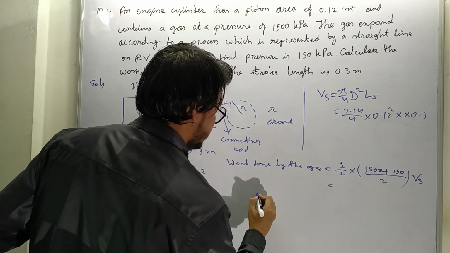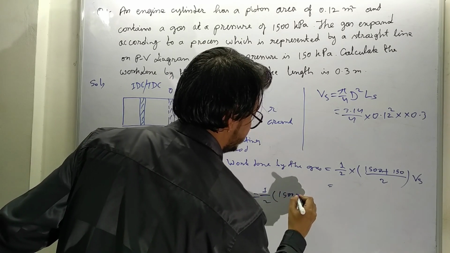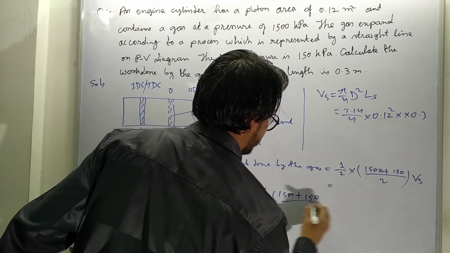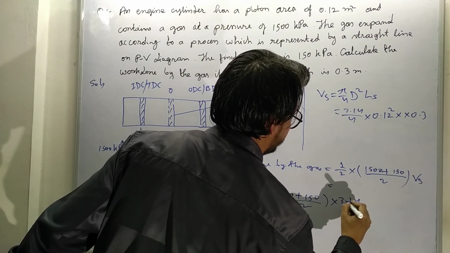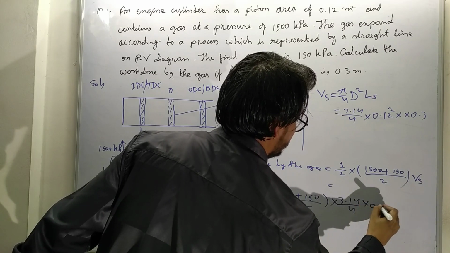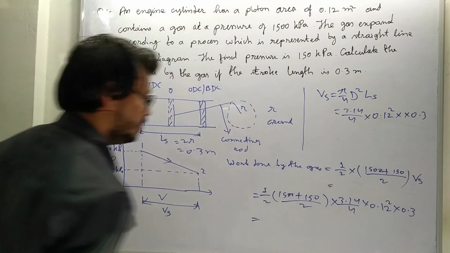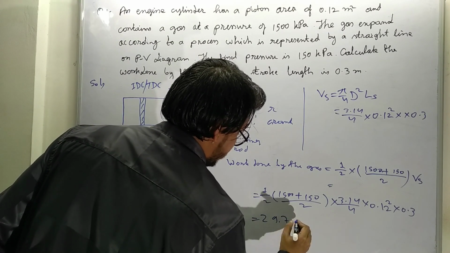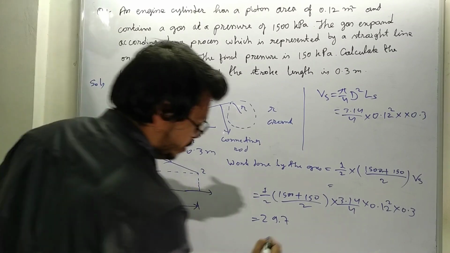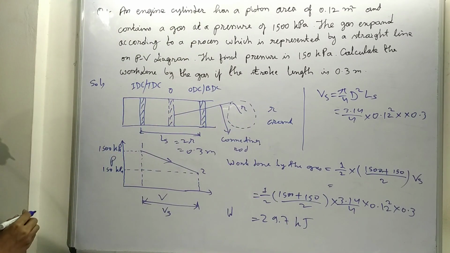Substituting this here, we get half into 1500 plus 150 by 2 into 3.14 by 4 into 0.12 square into 0.3. Solving, we get the value as 29.7 kilojoule. So this is the work done by the gas if the stroke length is 0.3.